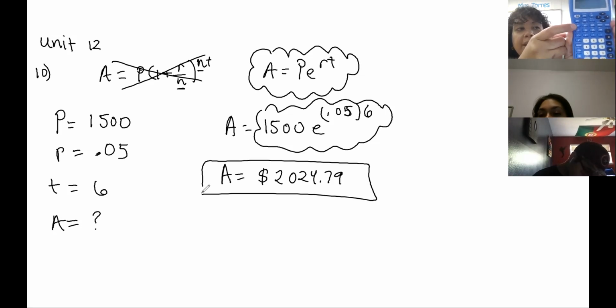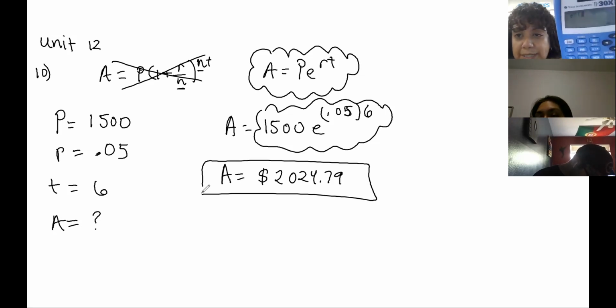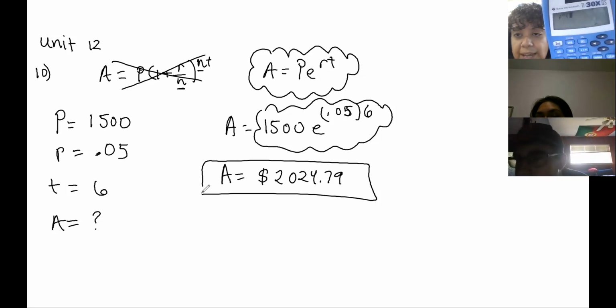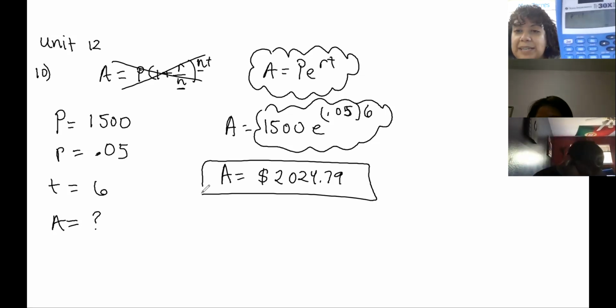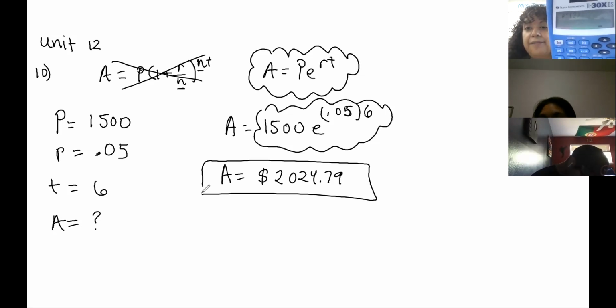So you would hit second, and then your E key. Can you guys see where it says E raised to the X? Well, it doesn't say X, but E raised to the blank. Yeah. And then you would just type in the 2. Oh, okay. And you don't have to close the parentheses. And then after that, you just hit equals, and there's the answer. Oh, okay. Thank you.